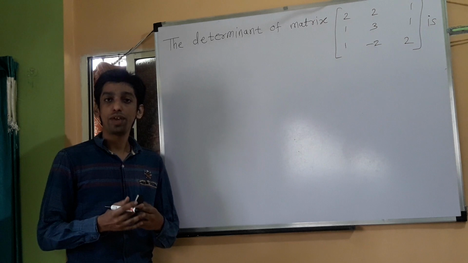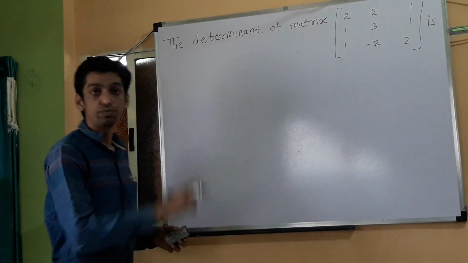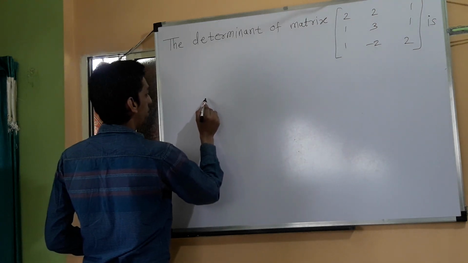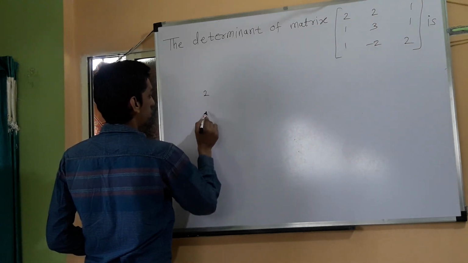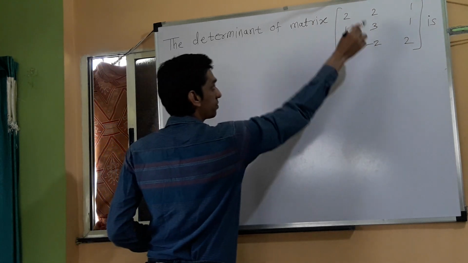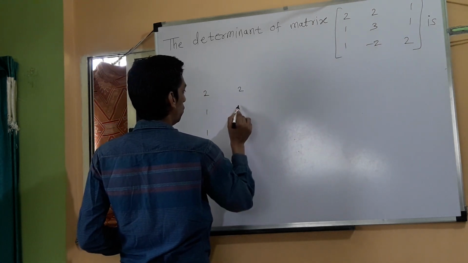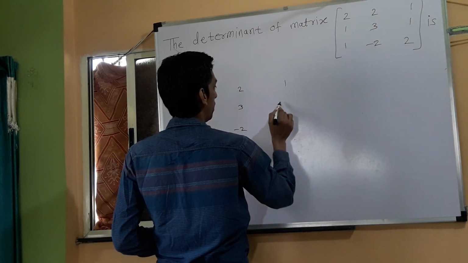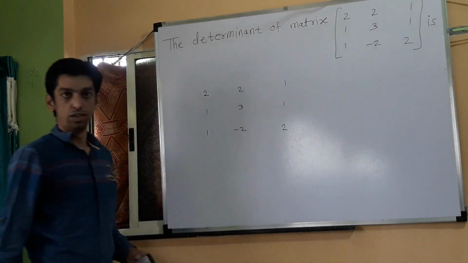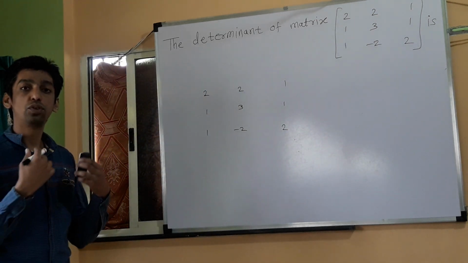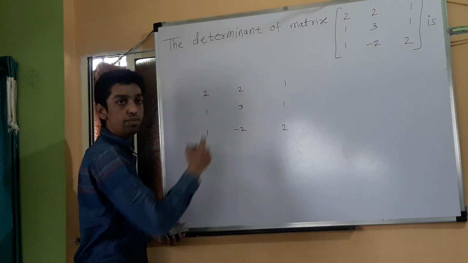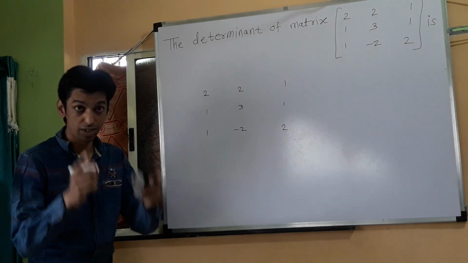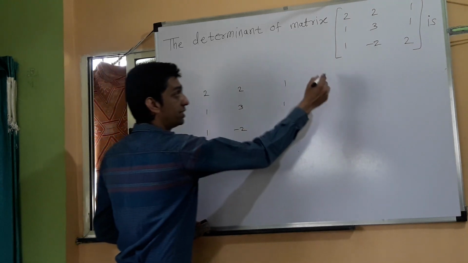First, we have to write down all the elements of the given matrix. So see here, I am writing all the elements of the given matrix. First column 2 1 1, then second column 2 3 minus 2, third column 1 1 2. Now in the next step we have to write down the first two columns again, as they are, here.